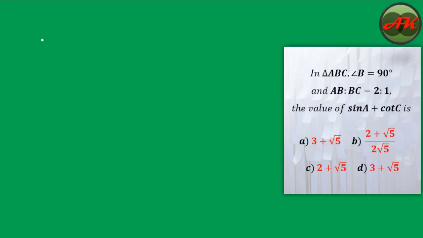Now the next problem: in triangle ABC, B is given as 90 degrees. Let's take a right angle triangle, with B as 90 degrees. Let me take A and C here.